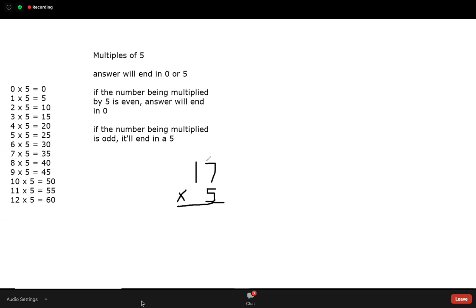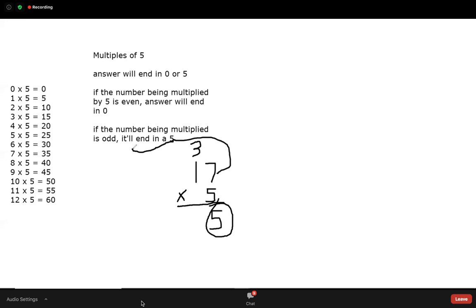Okay, so let's see how we do this. We would do 7 times 5, which we know is going to be 35. So since this is going to be 35, we will carry this 3 and leave this 5 behind. So we know that it'll end in 5 because 17 is an odd number.